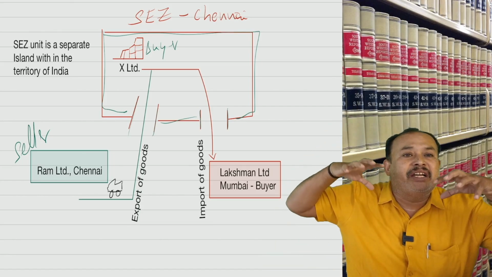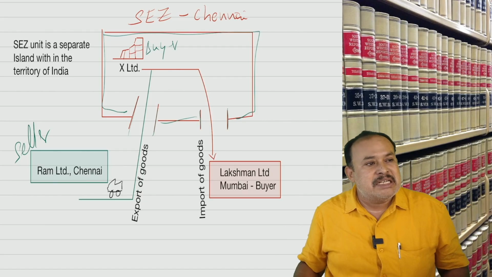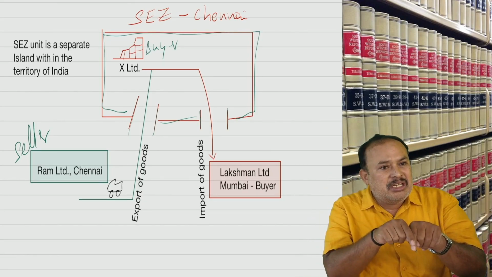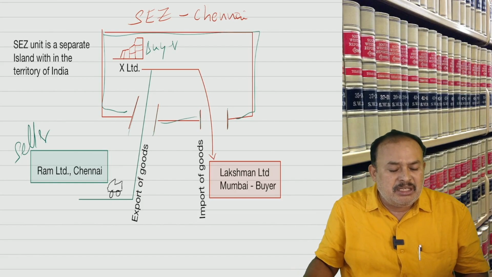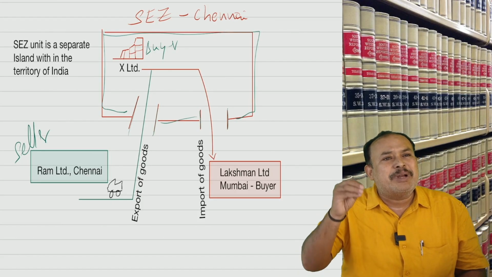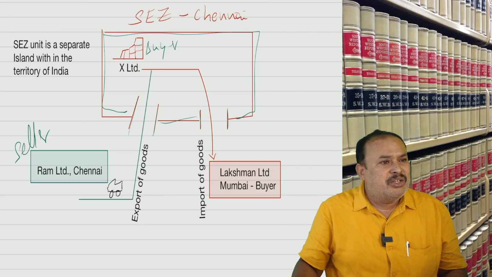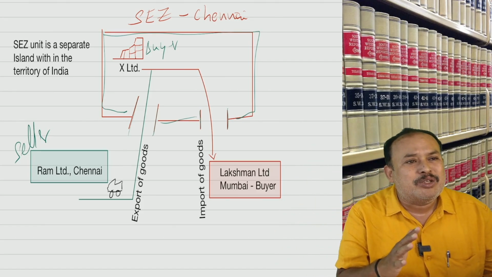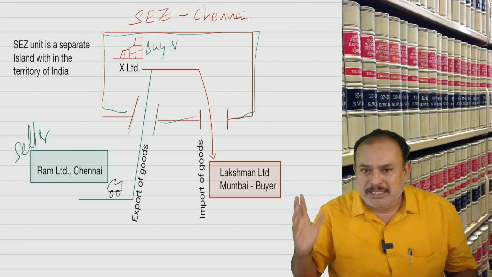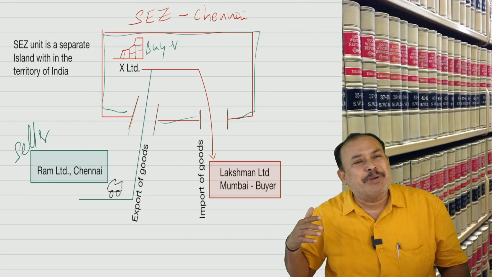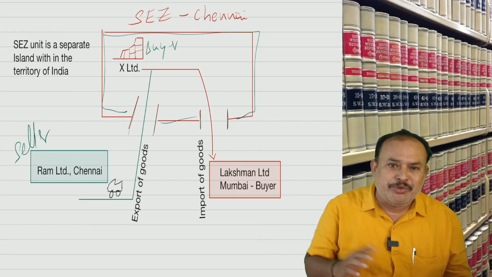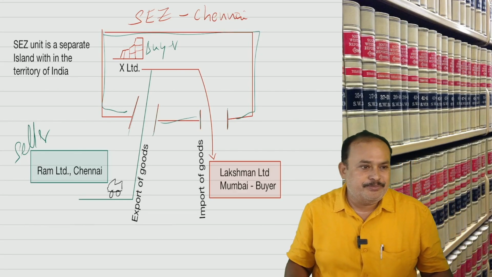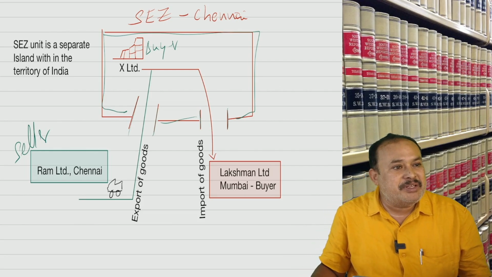Though physically in India, the reason is that the special economic zone unit is a separate island within the territory of India. Supply of goods to a special economic zone unit or supplies from a special economic zone unit, we call it export, if not import. Is it clear, my dear friends?